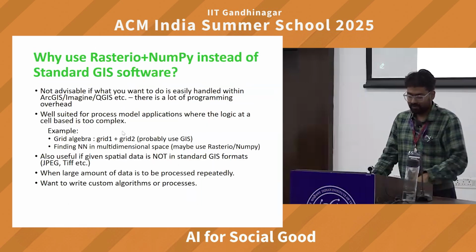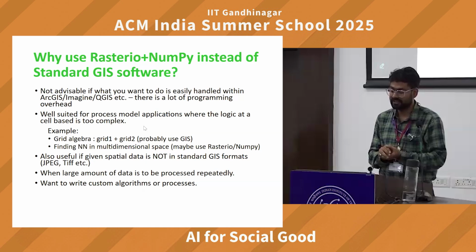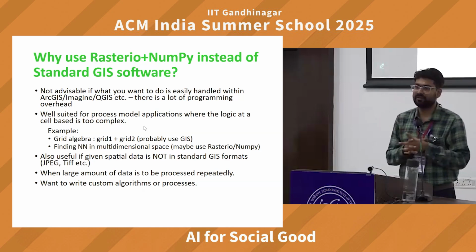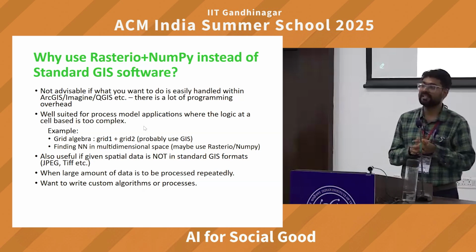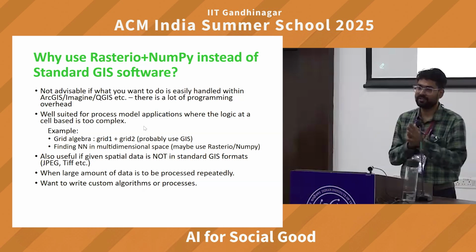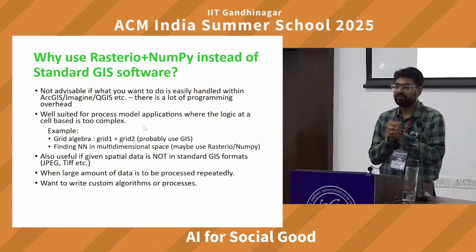Now, why do we want to use rasterio or NumPy, I mean, these kinds of libraries instead of standard GIS software? There are some software, for example ArcGIS and QGIS, which are typically designed for understanding satellite data and doing geospatial manipulation of the data. But why don't we want to use them?